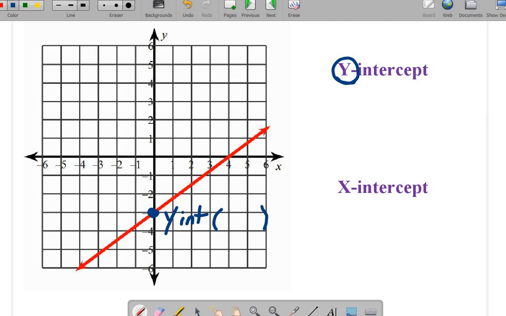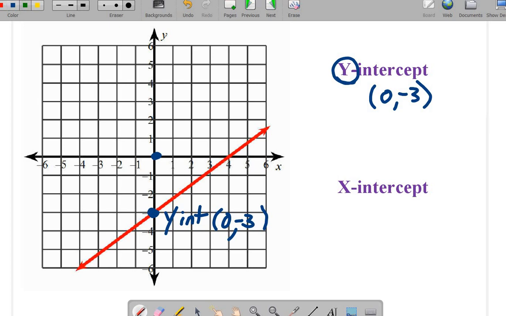Go ahead and let's graph the coordinates. Our x-coordinate is 0, and our y-coordinate there would be -3. So in this line right here, the y-intercept of that line is 0, -3.